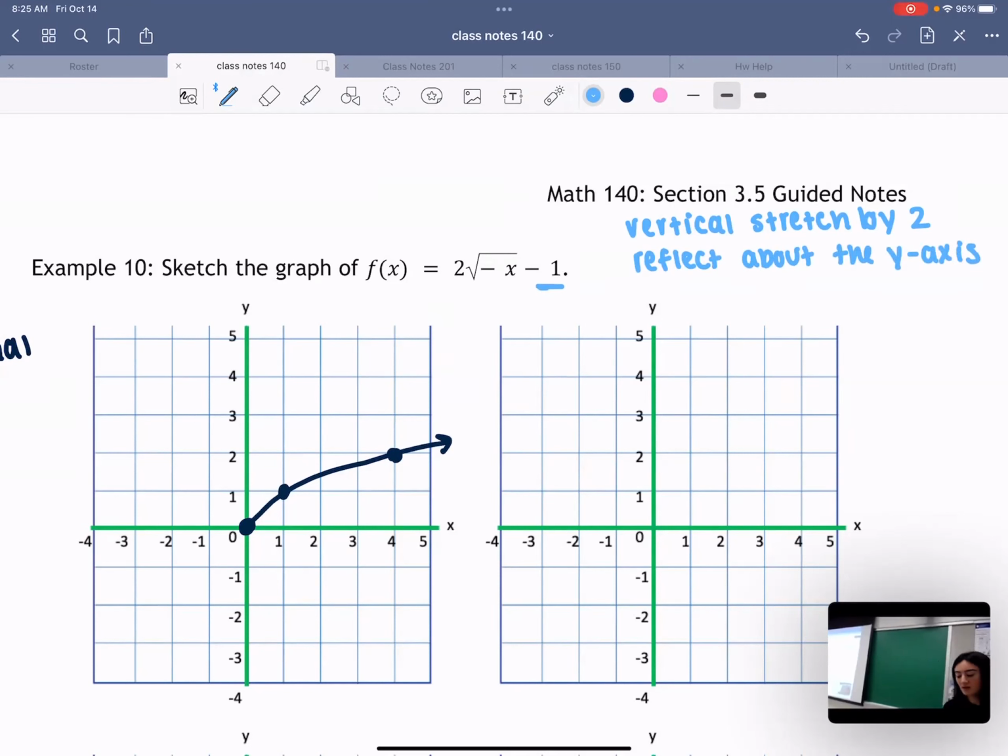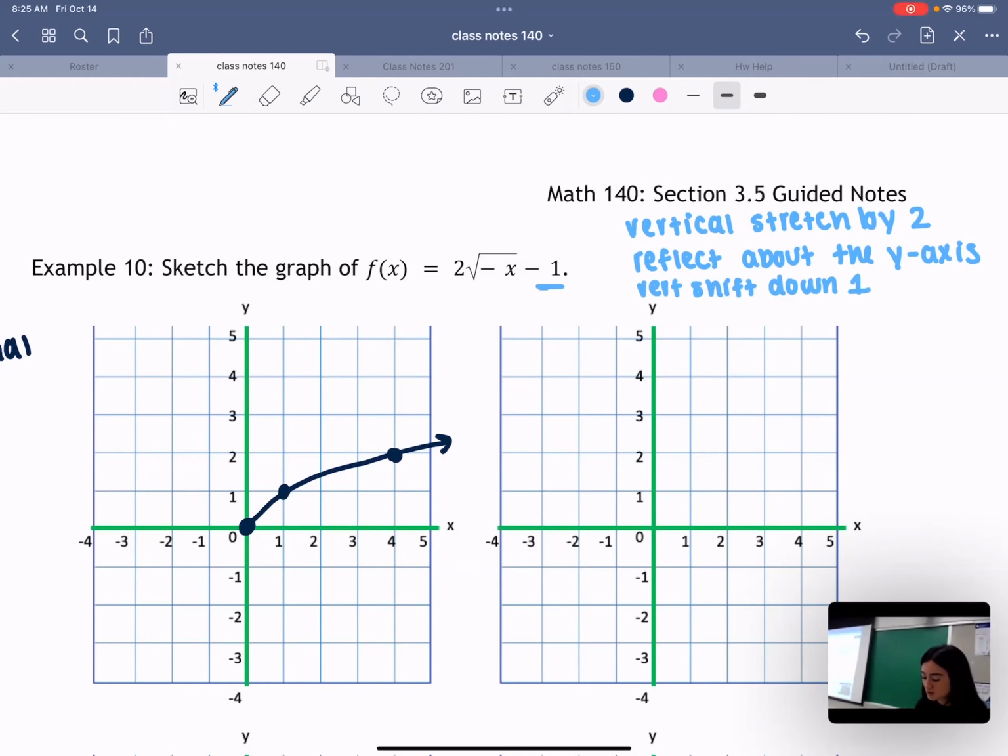Finally, it says we have to look out for vertical shifts. How am I vertically shifting? Down 1 or up 1? Down 1, good. So vertical shift down 1.